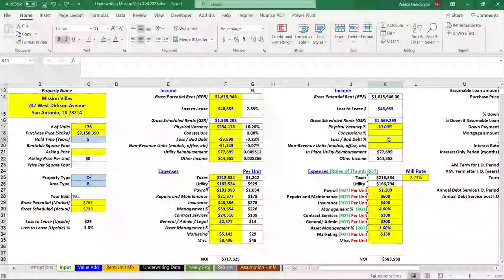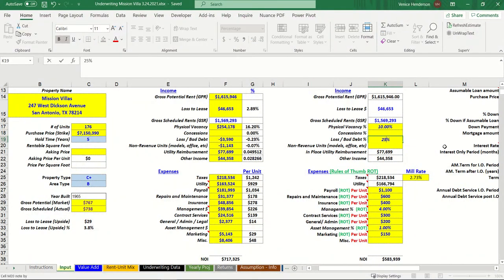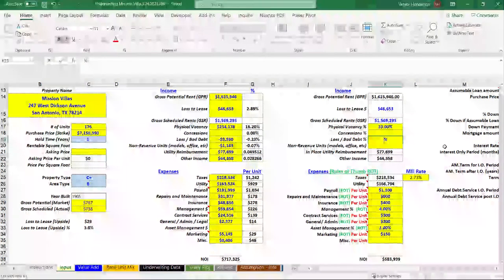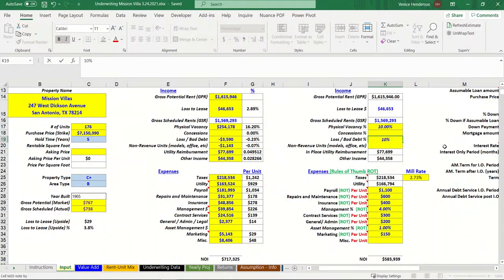So there's no concession. So let's go ahead and add in 254,178. No, this is a percentage. So let's go ahead and add in 10%. No, because this is being calculated here. So I'm not too sure.